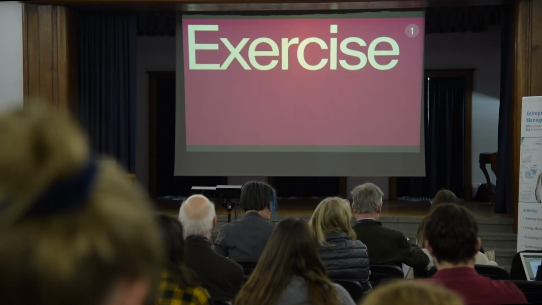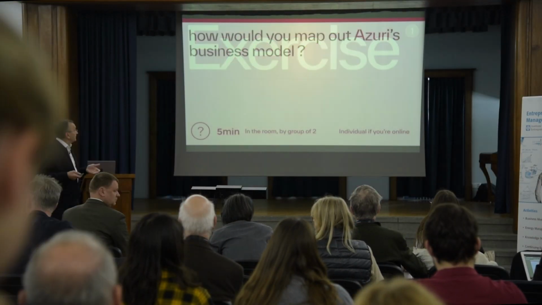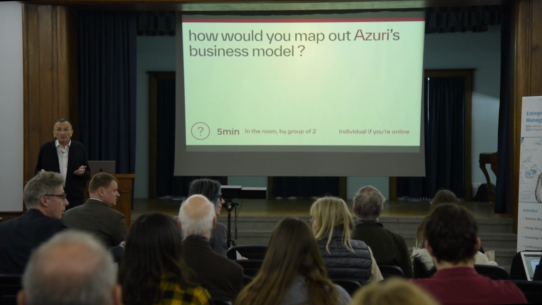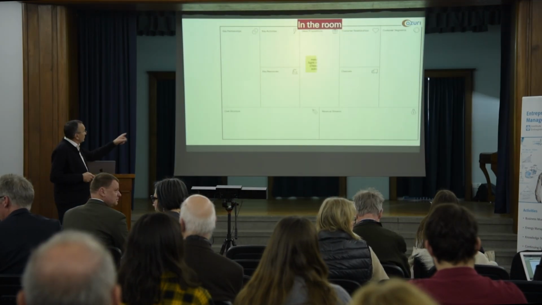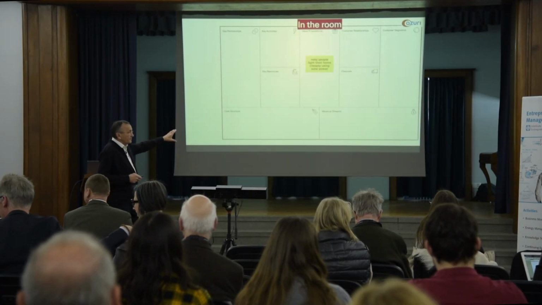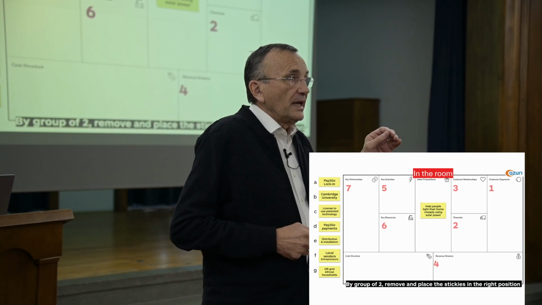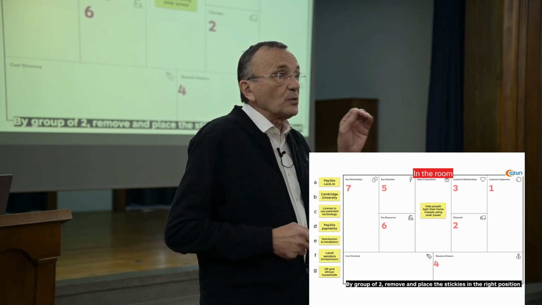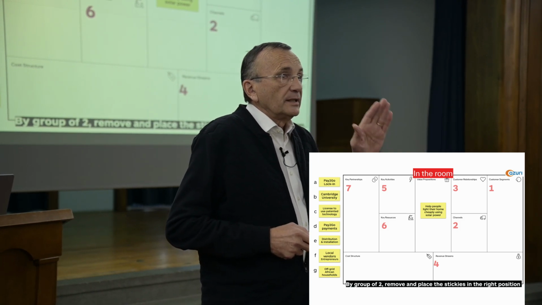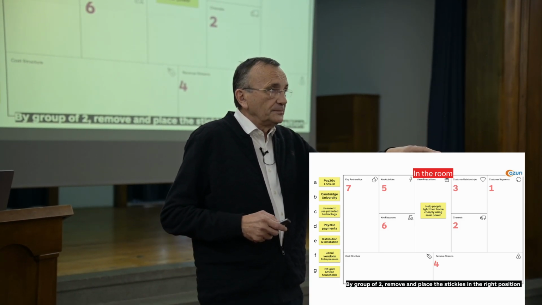And so I will ask you to map out Azuri's business model. You are receiving the canvas. You are receiving some sticky notes. And you have to put the sticky notes at the right position. That's for the room.